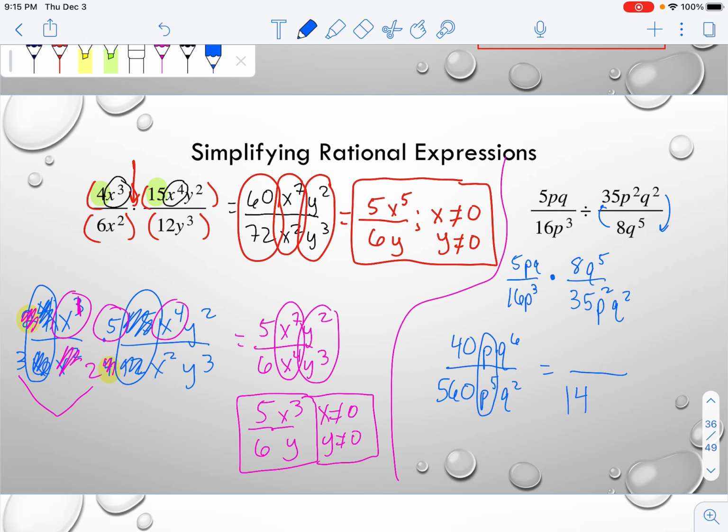Where are there more p's in the denominator? How many extra? 4. And then q to the 6 over q squared is q to the 4th. And I don't technically need a 1 here because I have something in the numerator. All right, do your domain restrictions. P is not allowed to equal 0, and q is not allowed to equal 0. And that would be your final answer.